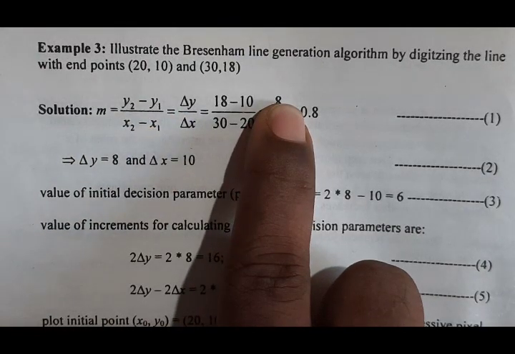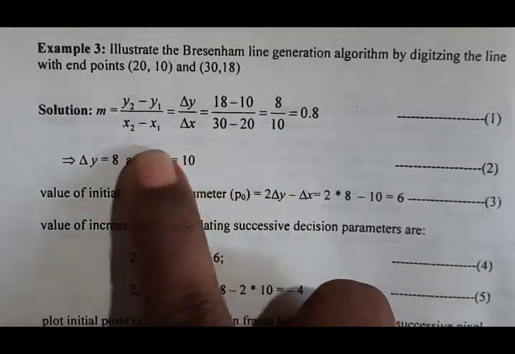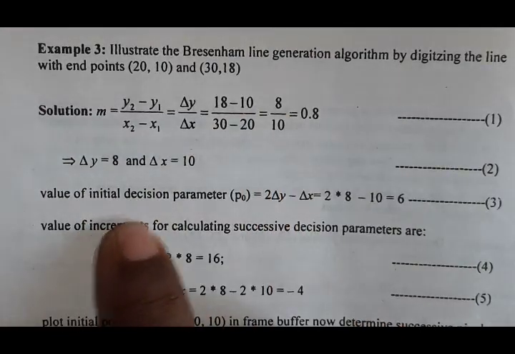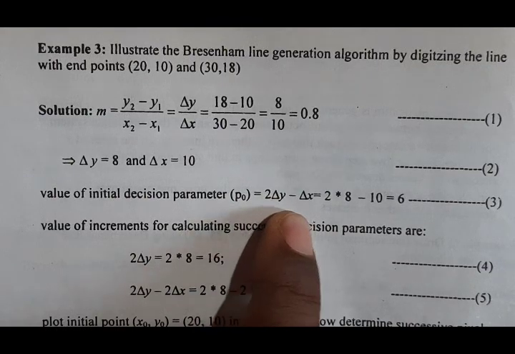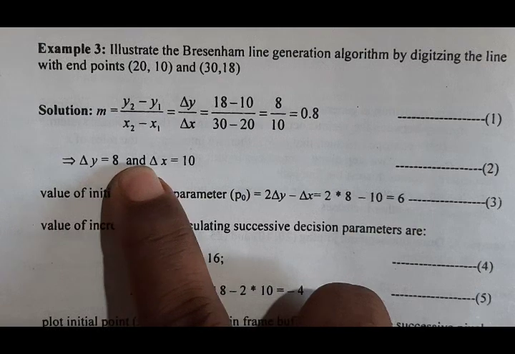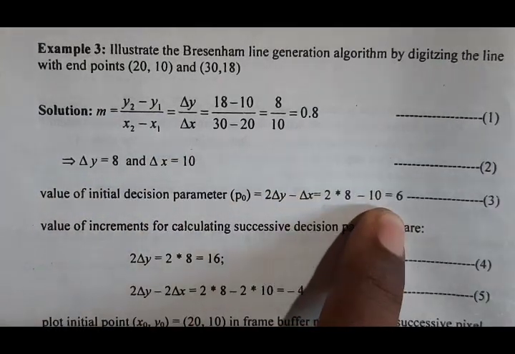So here delta x equal to 10, delta y is equal to 8. The initial decision parameter p0 equals 2 delta y minus delta x, 2 into 8 minus 10, you get 6 here.